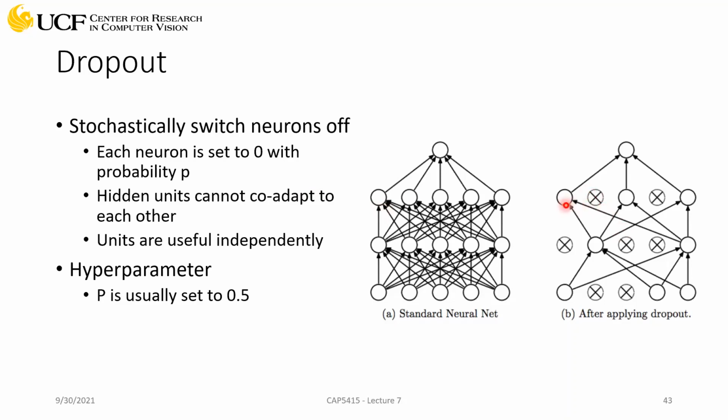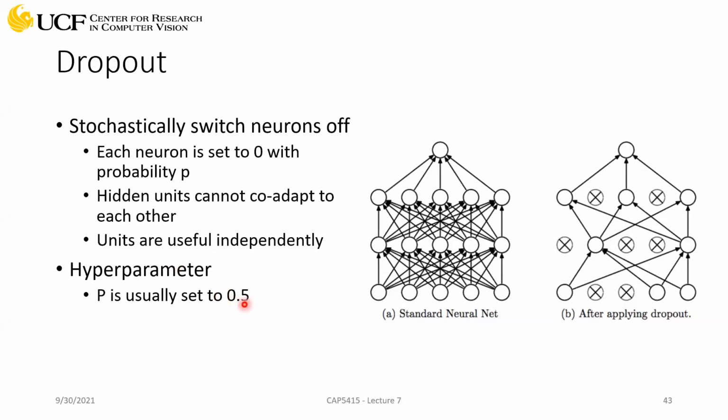Then this neuron will have to learn on its own, so it cannot rely on the other. This leads to each neuron being useful by itself, independently, not relying on any other neuron.